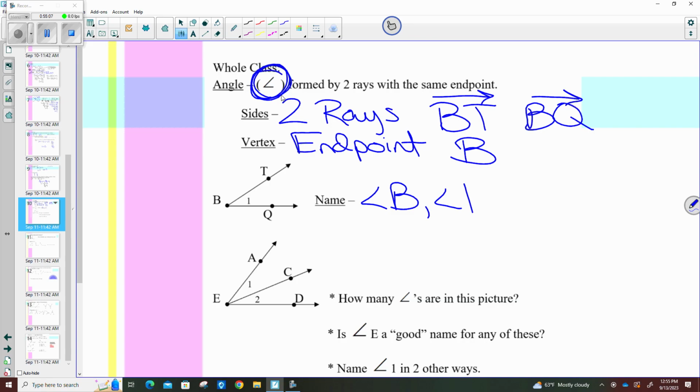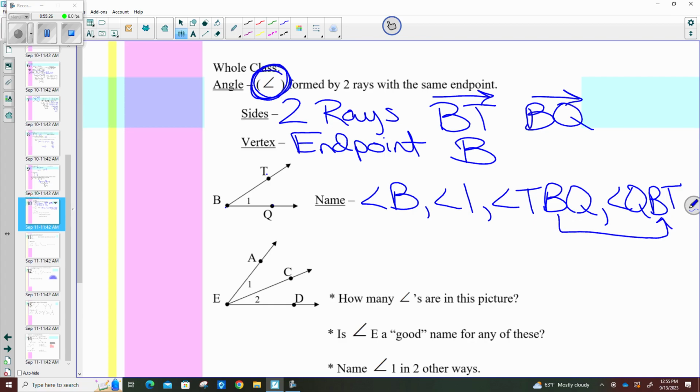Sometimes, though, neither one of those is a very good name, so we name it with 3 letters. The vertex is always in the middle, so I can start with T, go to B, and come to Q. So TBQ. Or I can go the opposite way, QBT. Important part is that the vertex is in the middle.